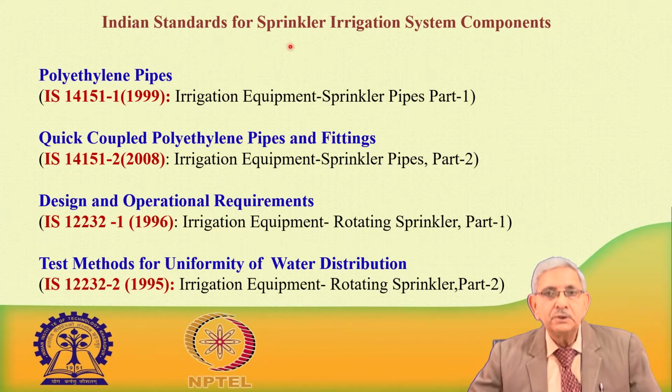The BIS, that is the Bureau of Indian Standards, has specifications for sprinkler irrigation system components. These are the specifications meant for polyethylene pipes, which is IS 14151:1999, for irrigation equipment sprinkler pipes part 1.